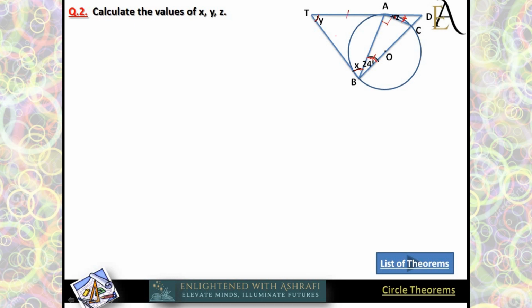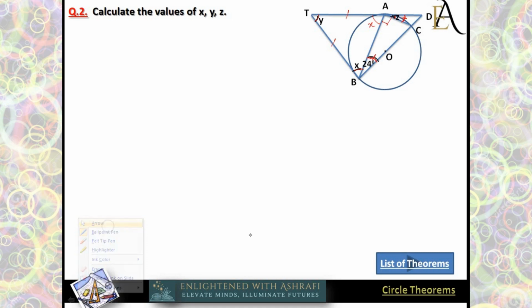Then we know this will be equal to this because these are the two tangents of a circle which meet at a point T outside. If these two are equal, then this is also x. Okay, so we got z over here, 24. So 24 and 90 will give us this 180 degrees.